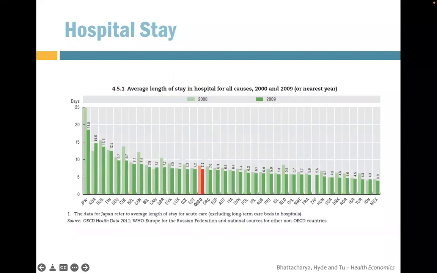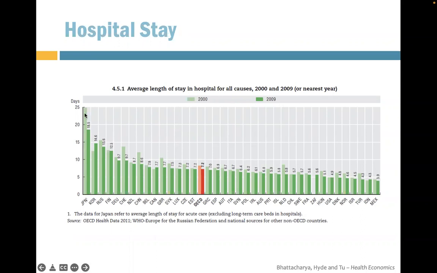Okay, so this is a graph for hospital stay between 2000 and 2009 across different countries. So here, the country that has the highest or the longest average length of stay is Japan, even though Japan also improved a lot from 2000 to 2009.